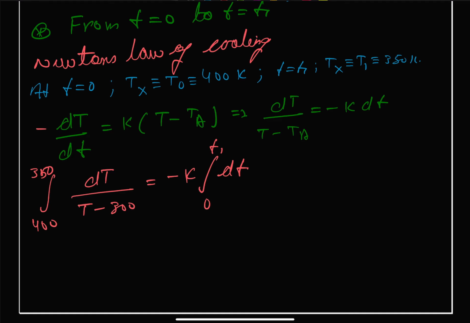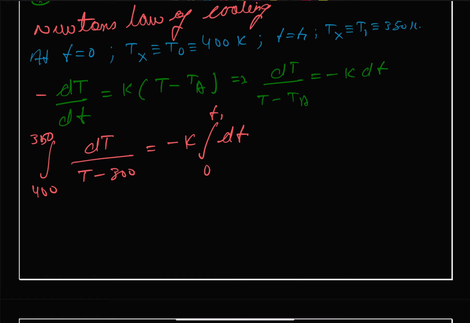So on the left side that will be natural log of the denominator. So we get this as natural log of T minus 300. The limits are from 400 to 350, and on the right side it will be coming as K times T1.